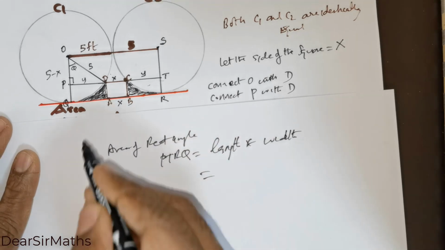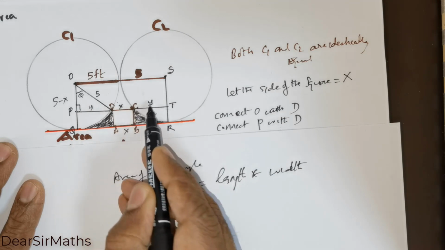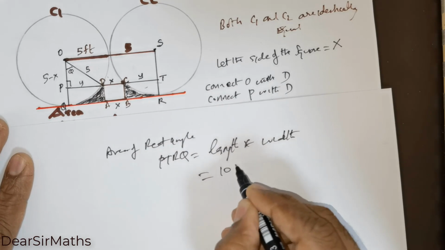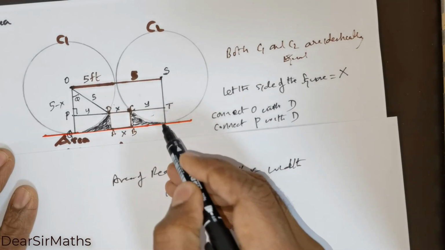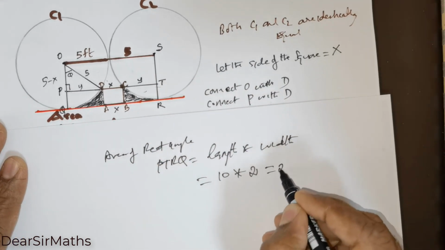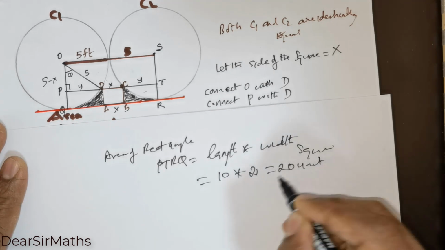So 4 plus x value 2 plus another y, so 4 plus 4, 8 plus 2, 10 multiplied with the width, which is 2 units. The width over here is x units, x is equal to 2. So the area is 20 square units.